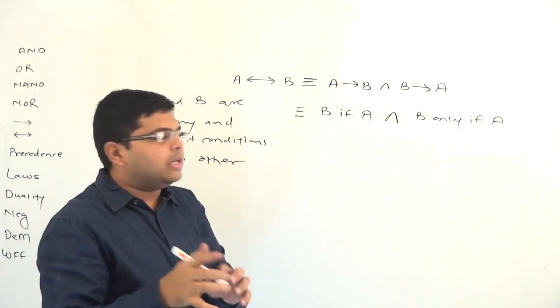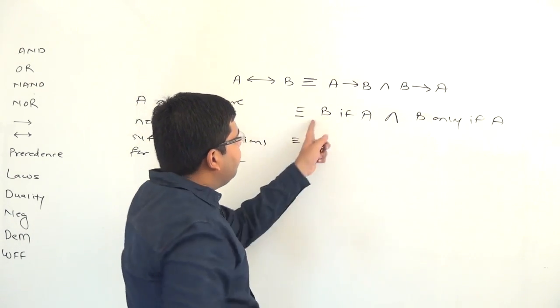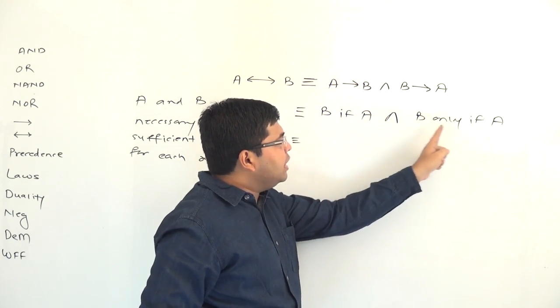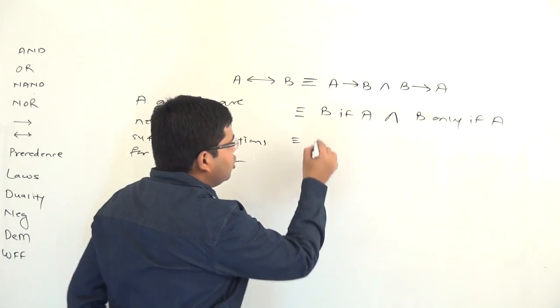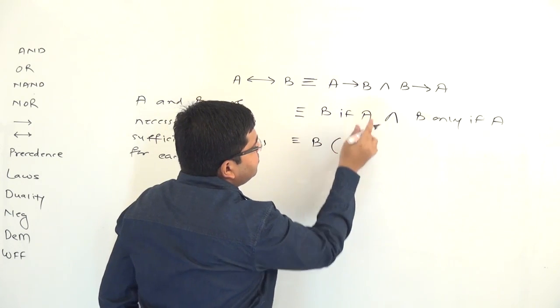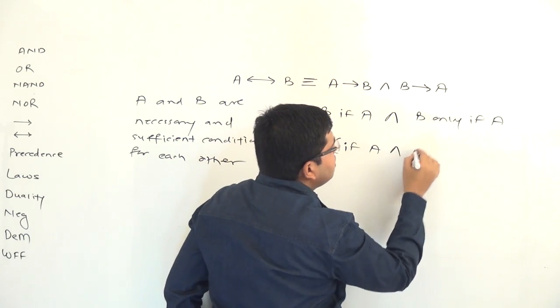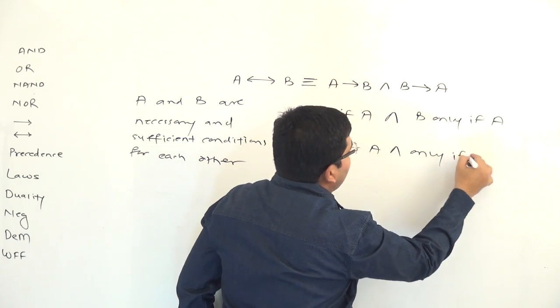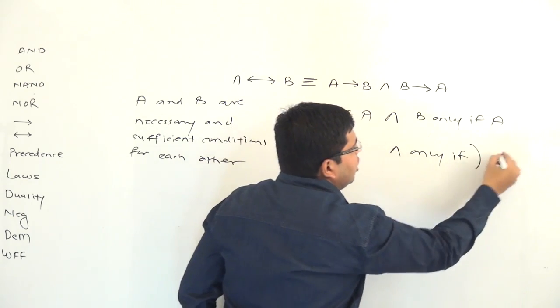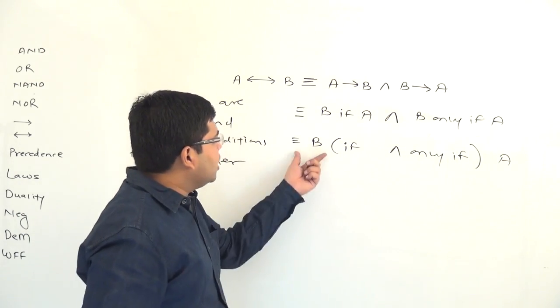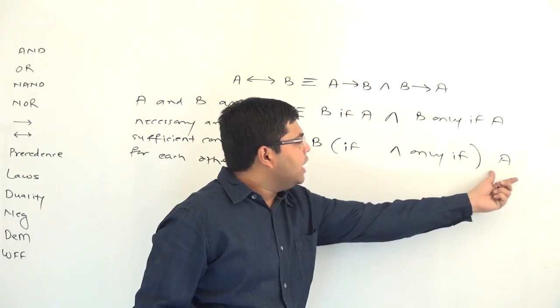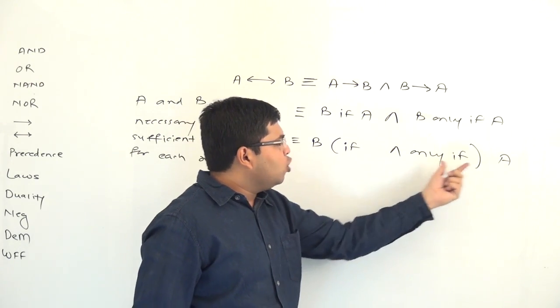And now you tell me what will be the result. B if A and B only if A. What I will do: B if A and B only if A, with A written outside.